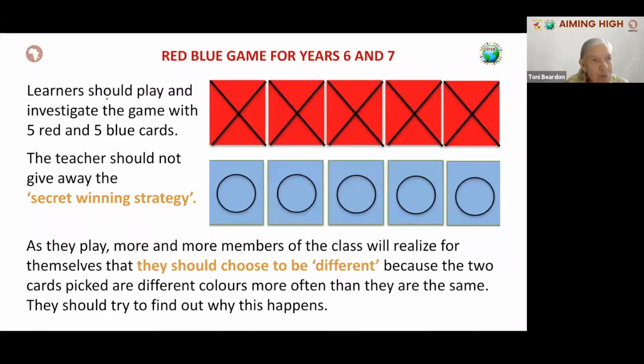Some children will realize that, and other children won't. And so before very long, we're going to explain how you explain that this is not a fair game, even though there is the same number of reds and blues.